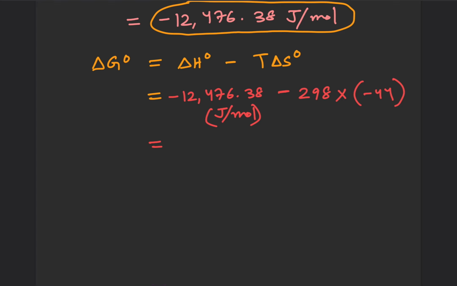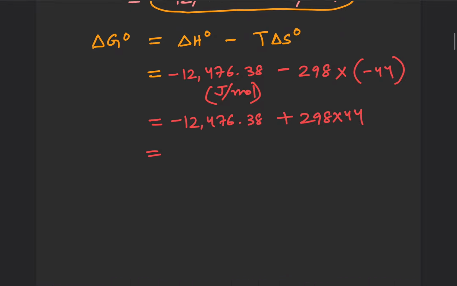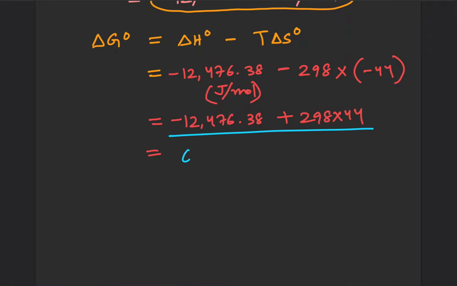When you do this calculation, you will get minus 12,476.38 plus 298 into 44. So you will get your answer as 635.62 joules per mole.